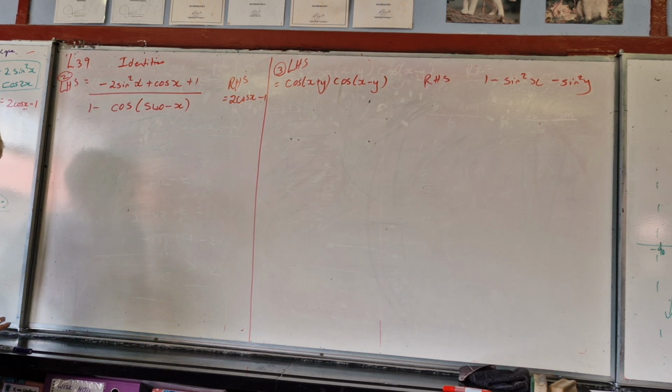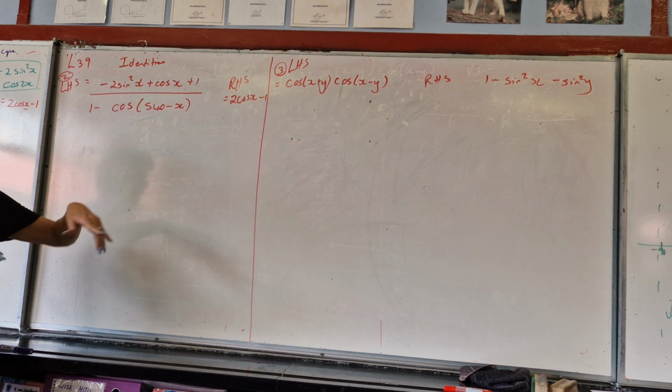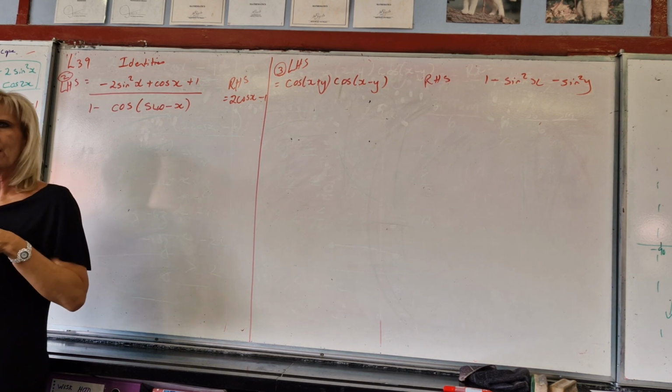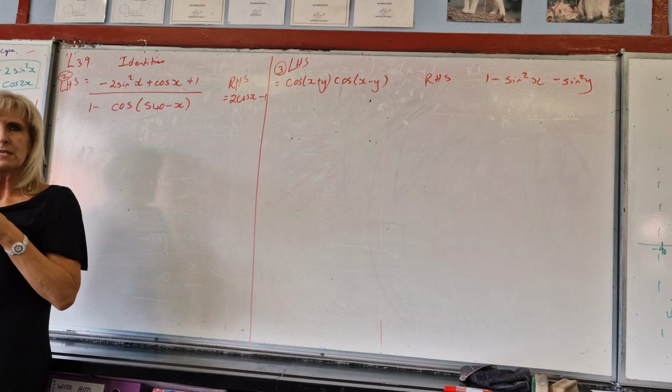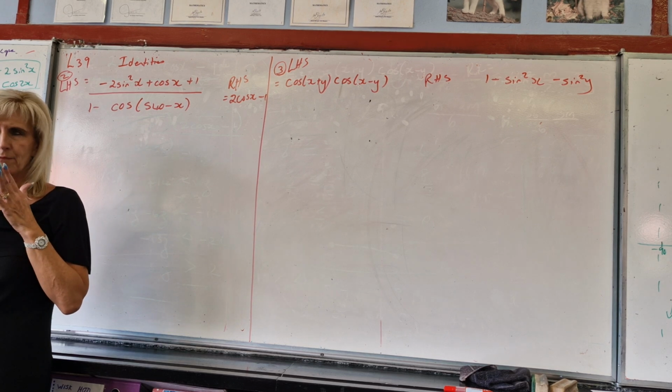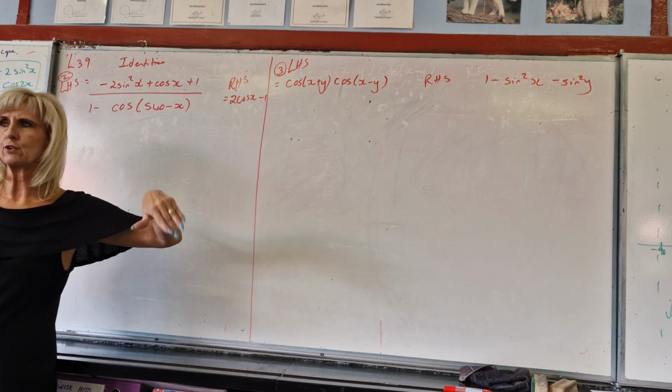Maybe something with a compound angle and a double angle. Now I've already said, isn't this maybe a compound angle? But it's 540. 540, subtract 360. How can I just do that? Because if it was 540 minus x and I can subtract 360, the reason for that is your sin and your cos graphs go on forever doing the same thing.